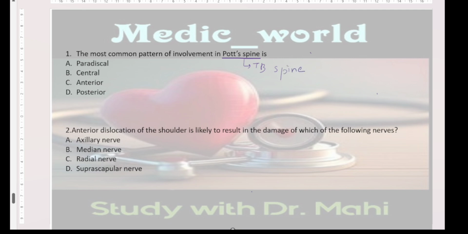Okay, so it occurs via secondary spread from pulmonary or gastrointestinal primaries and it spreads via Batson's venous plexus of veins.